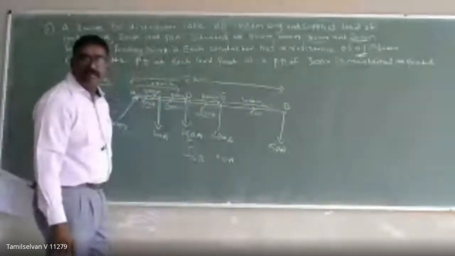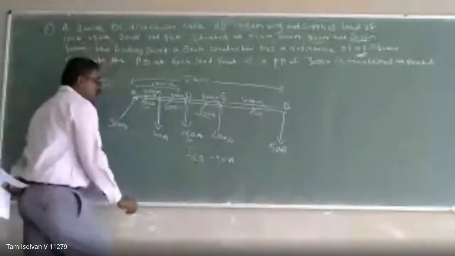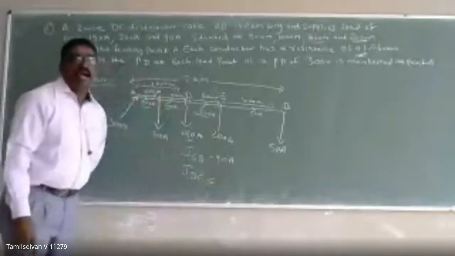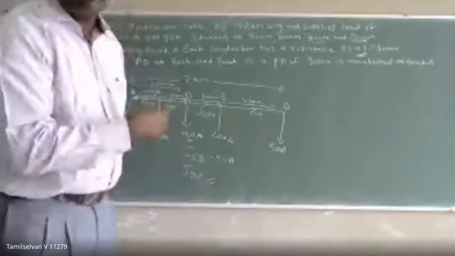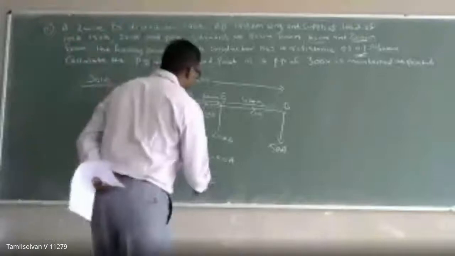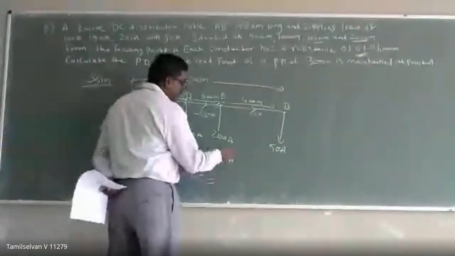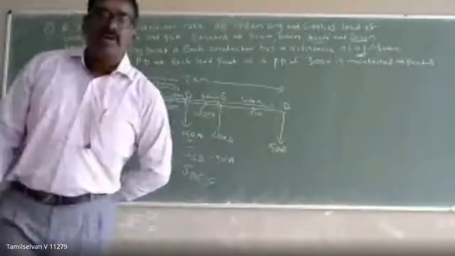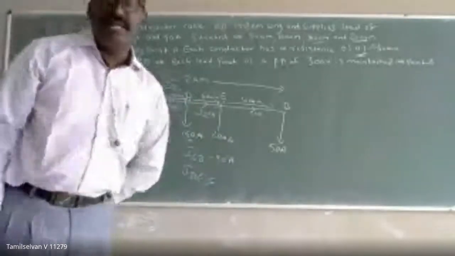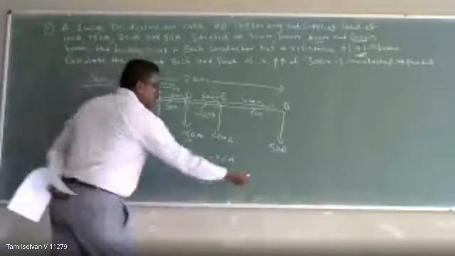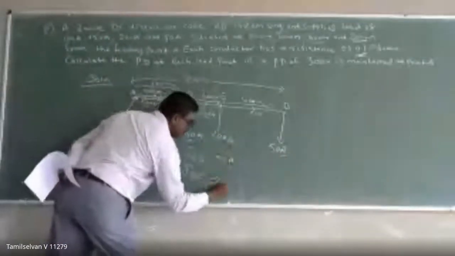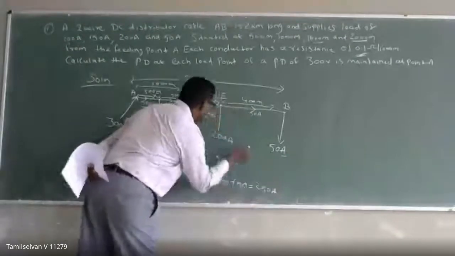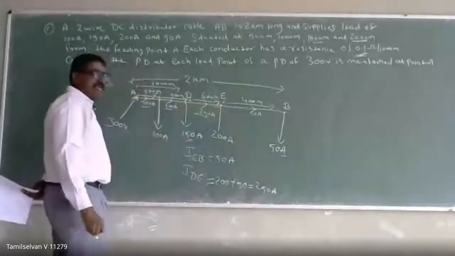For the current in DE, it is 200 plus 50, that is 250. So the DE current is 50 plus 200, which is 250 ampere flowing in section DE.